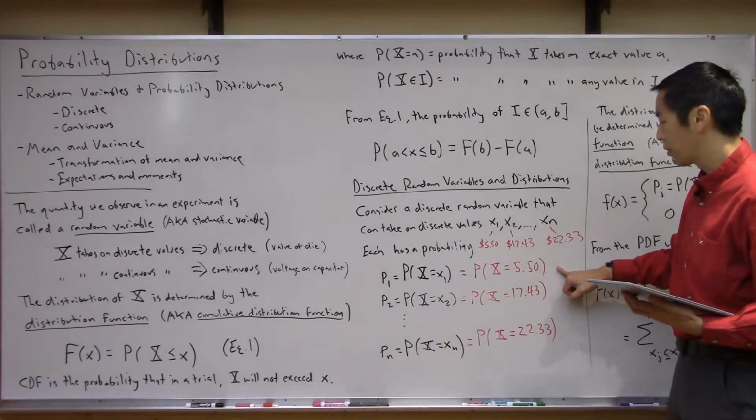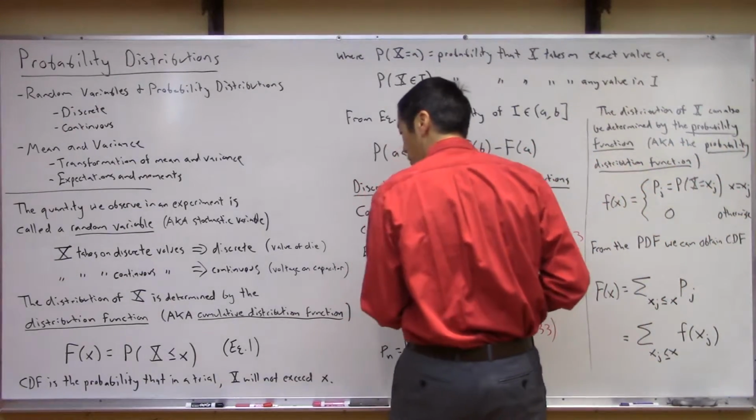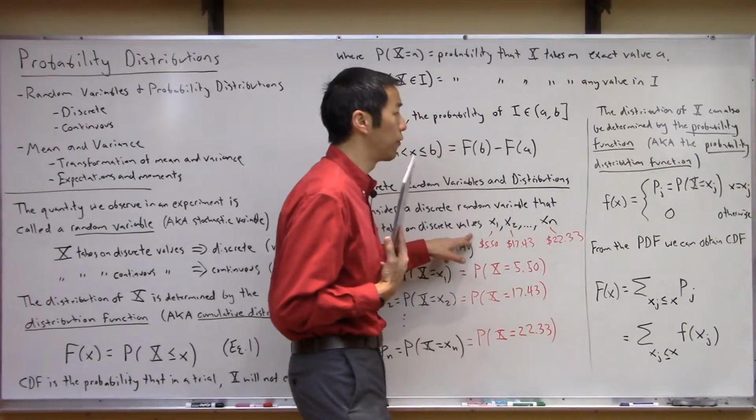So with this in mind, we can ask ourselves, what does a cumulative distribution function look like for a discrete random variable?